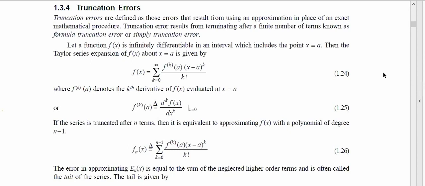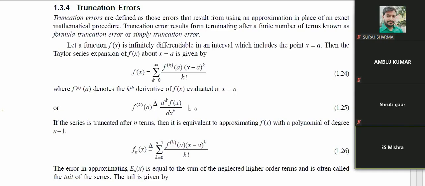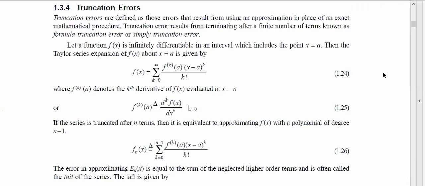Whatever error occurs out of the process of truncation is known as a truncation error. So this is a kind of approximation. If we consider 4 terms, that is a kind of approximation. If we consider 3 terms, a kind of approximation. 10 terms, a kind of approximation.